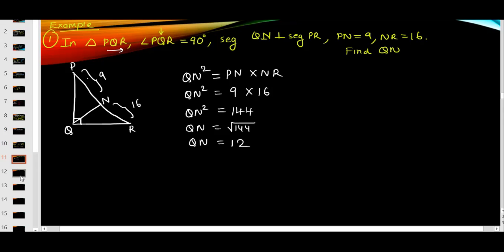Let's do another question. Question 2. In triangle PQR, angle PQR is equal to 90 degrees. Segment QS is perpendicular to segment PR.